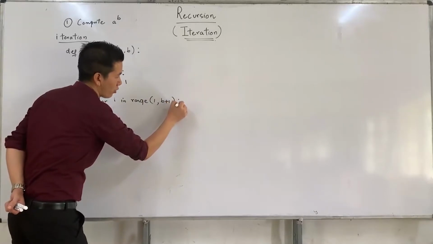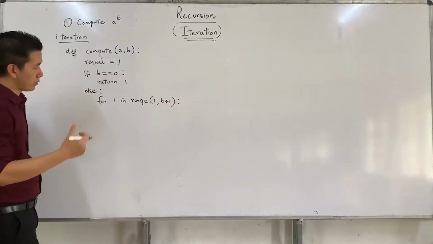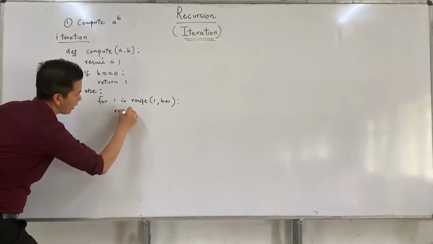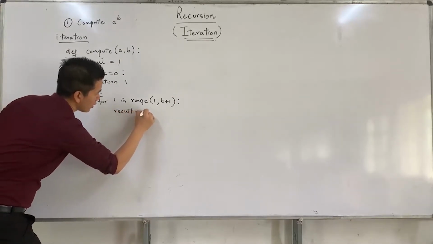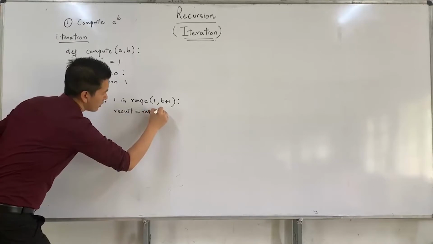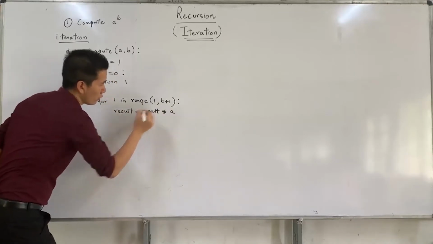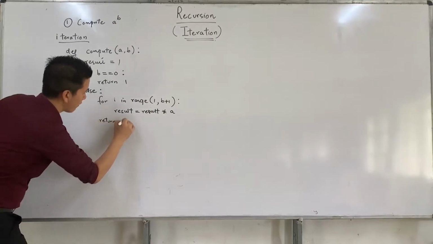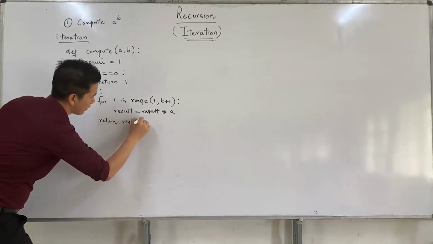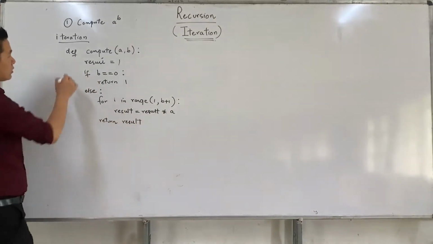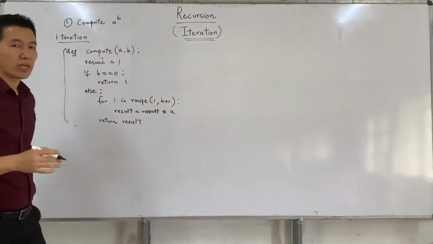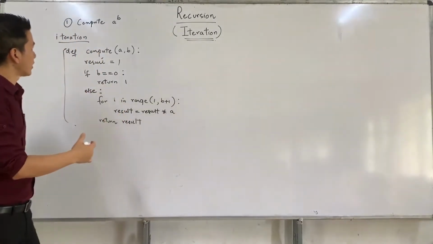So I hope you are well versed with these concepts. Okay, and then as a body, I'll have result equals result into a. And then finally, I'll return the value of result. Okay, so this is the function definition for computing a raised to b, but using iteration.